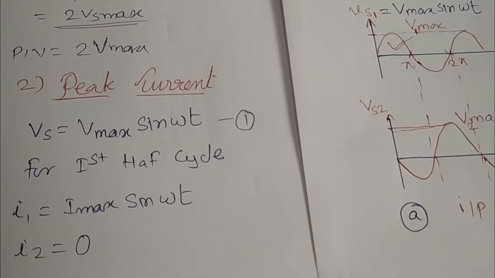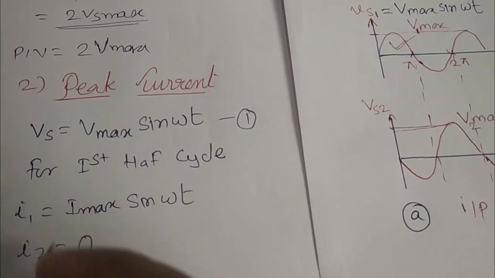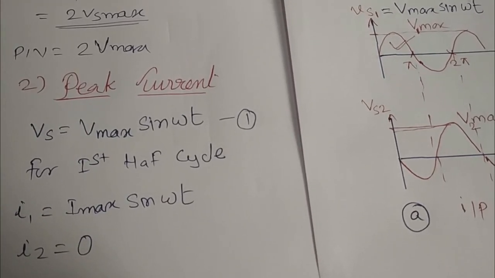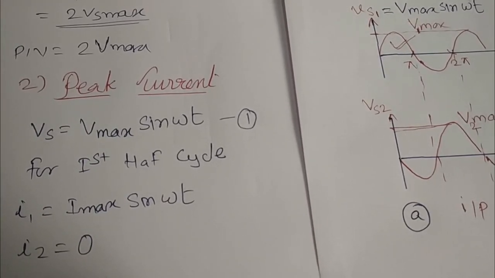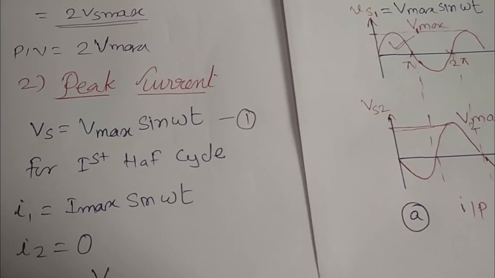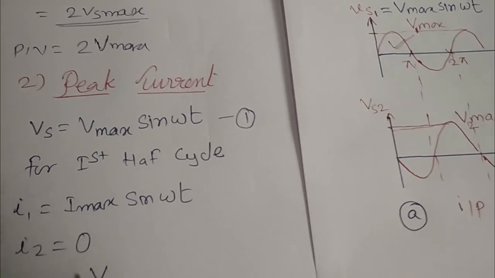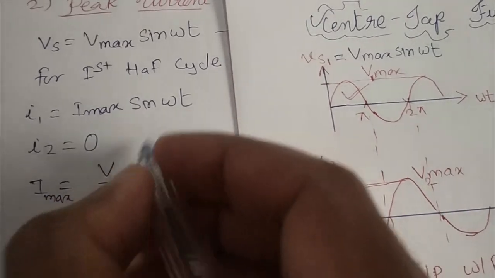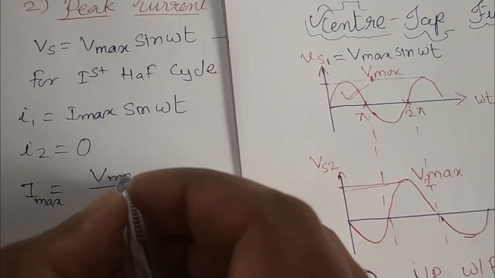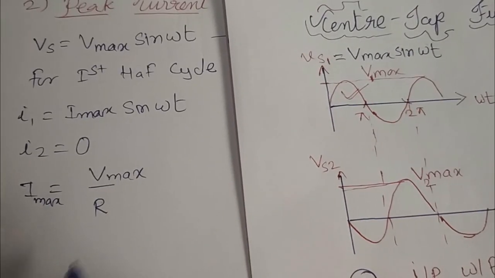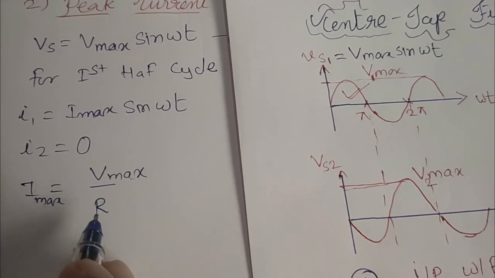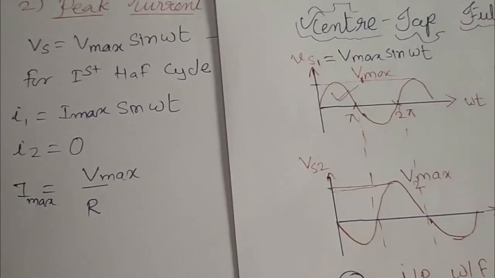If we use Ohm's law to find the relation between I and V, I is given by V by R. Here it is I max, so we take V max, and R may have two components.